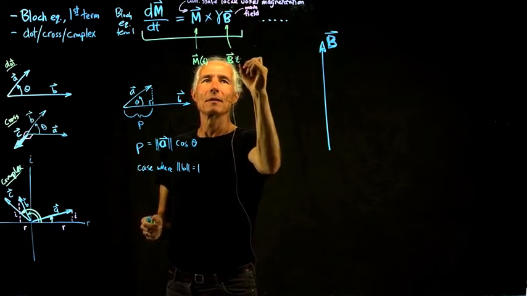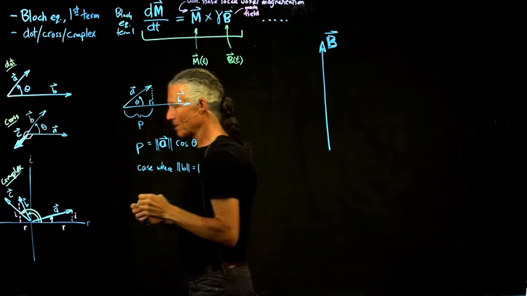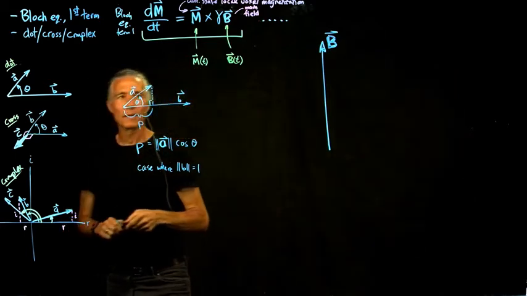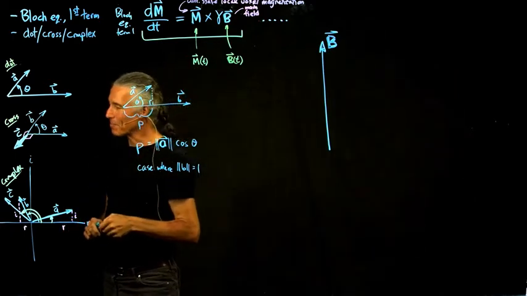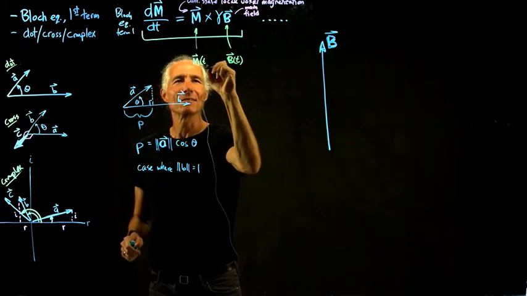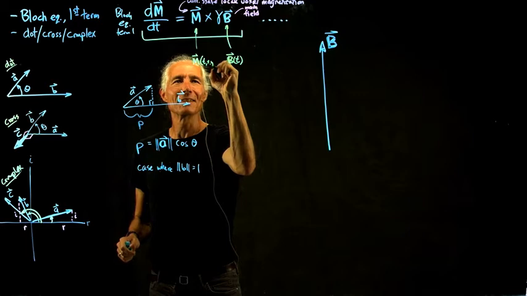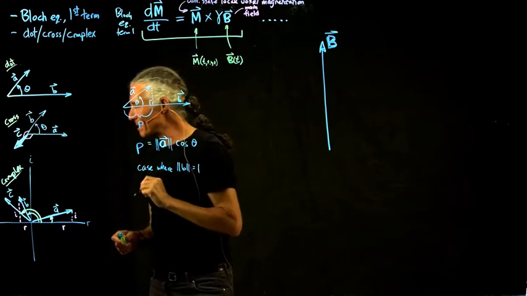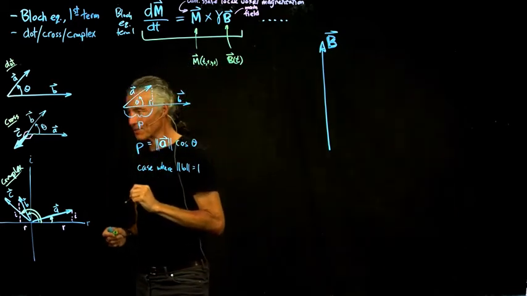The B could change at any moment in time, but it could also change at any point in space. Remember, there's sort of an X, Y, Z in here too, because that's going to be different at different points in space also.